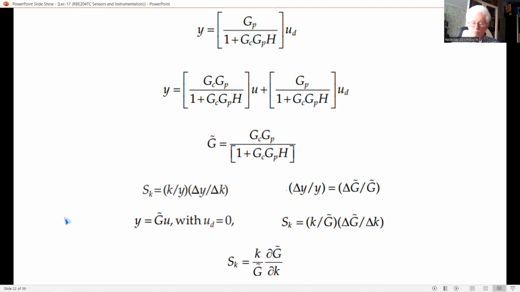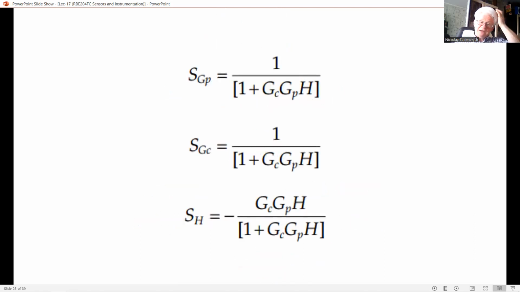Since Y is proportional to G tilde times U with UD equals 0, it follows that for a given input U, we can get the expression for S sub K, or in the limit, as you can see in this last expression on the bottom, K over G tilde times the partial derivative of G tilde over the partial derivative of K. Now, by applying the last two equations, we are able to determine expressions for the control system sensitivity to changes in various components in the control system.